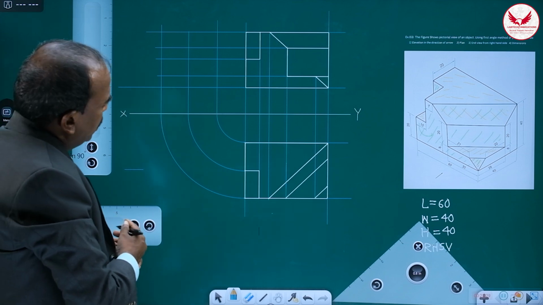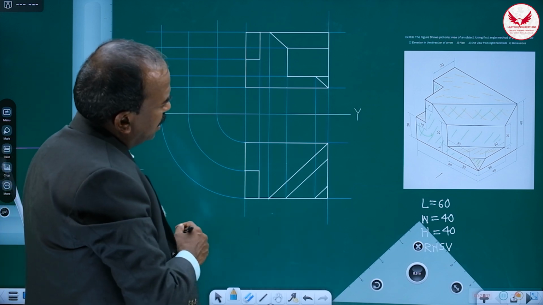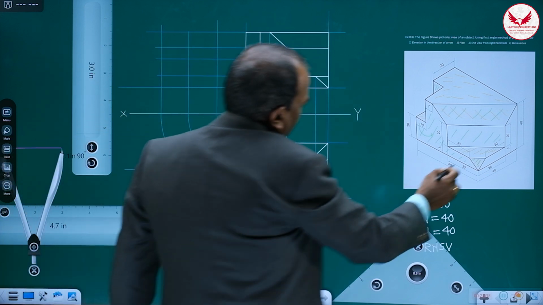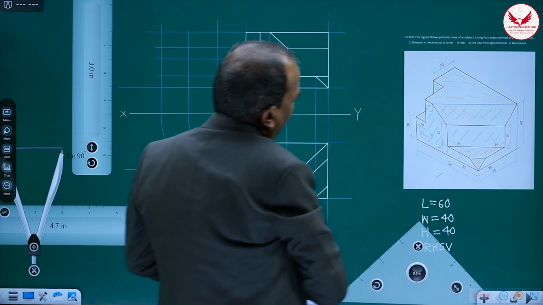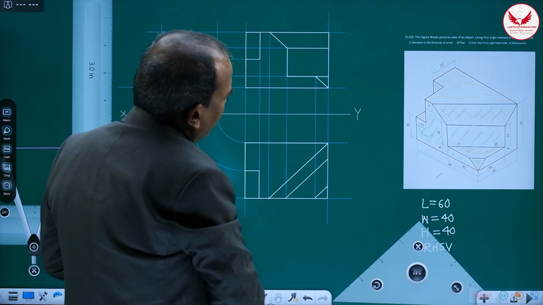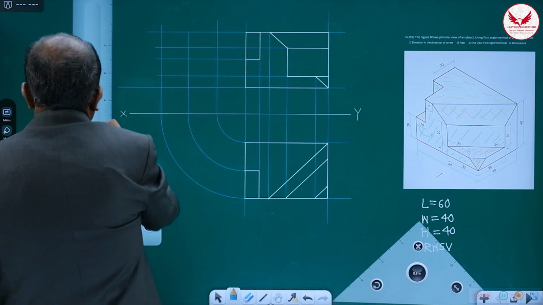Then if you see the side view, what you can see in the side view is this single surface. This is the single surface. How can we mark that single surface? That surface we can mark like this.